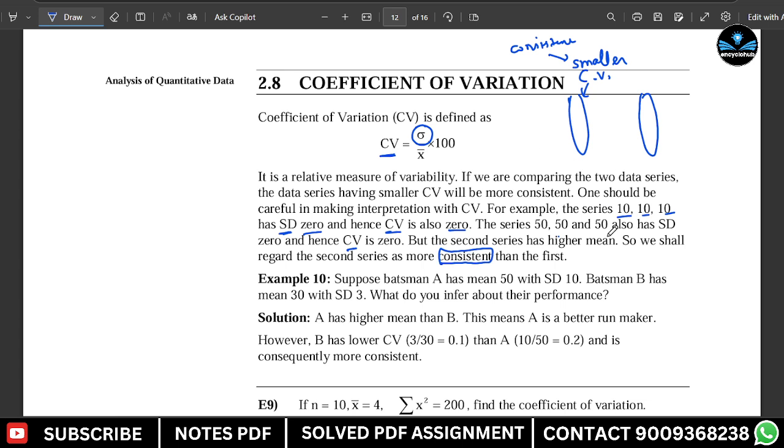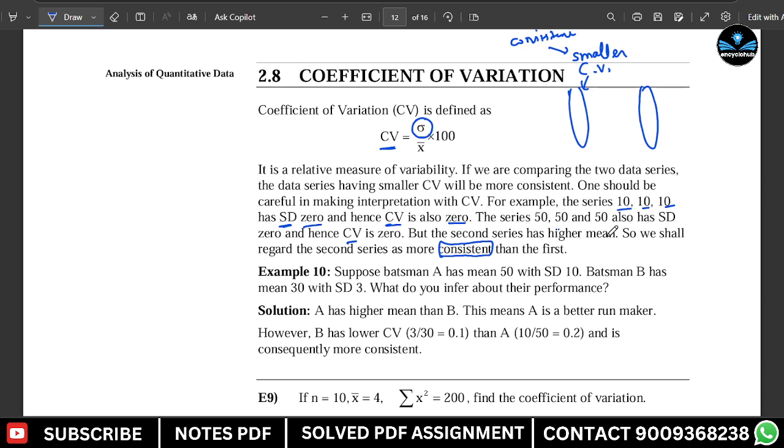In this example, suppose batsman A has a mean of 50 with a standard deviation of 10, and batsman B has a mean of 30 and a standard deviation of 3.